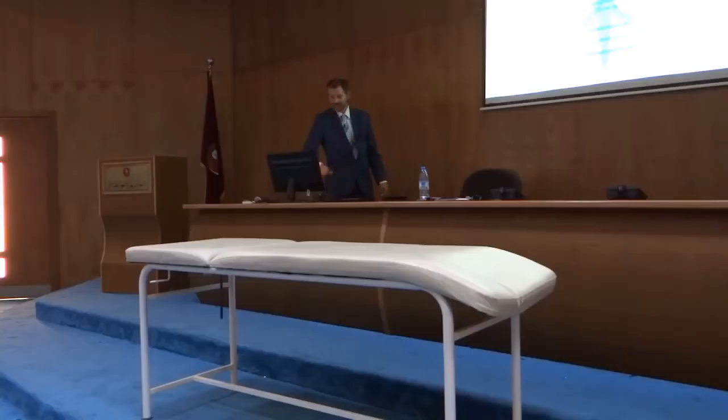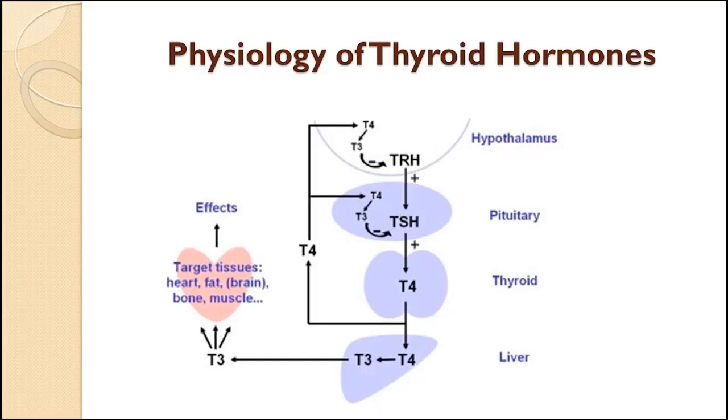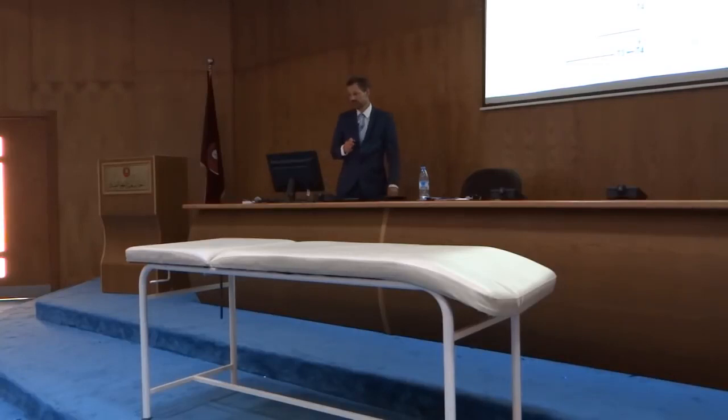T4 then gets converted in the liver to T3. So TRH to the pituitary, TSH then stimulates the thyroid gland to produce thyroxine, which gets converted from T4 to T3 in the liver, and then that works on the rest of the body. It works on the heart, increasing the heart rate, increases the metabolism, and affects bone growth and muscle growth as well. So that's just a quick overview of the thyroid and hormones.